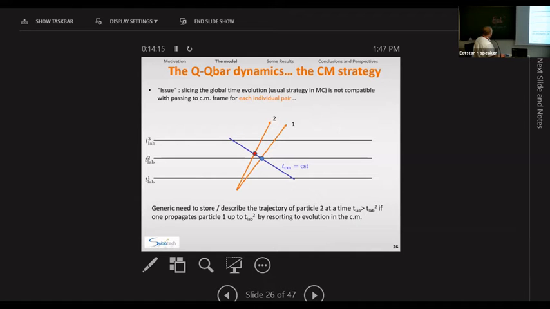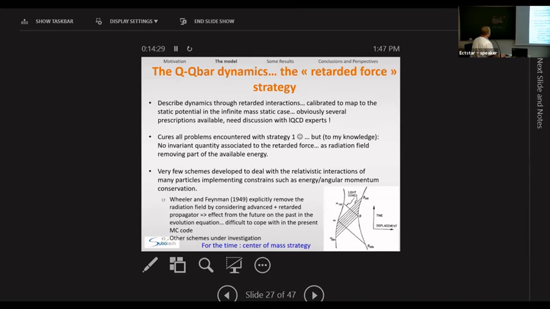And this is why, if you go to large PT, these little glitches will be seen as numerical noise and disturb the algorithm. So it's still an open problem. At some point, we considered going with some retarded forces, but there are other problems if you consider retarded forces. One of these problems is, for instance, that energy is not conserved. We can discuss this if you wish.